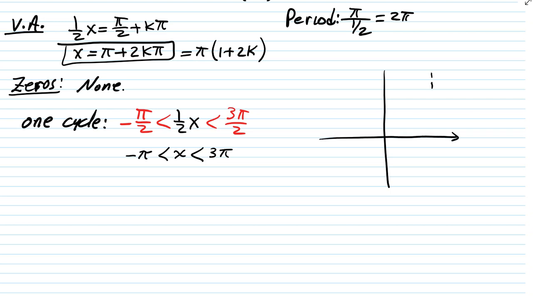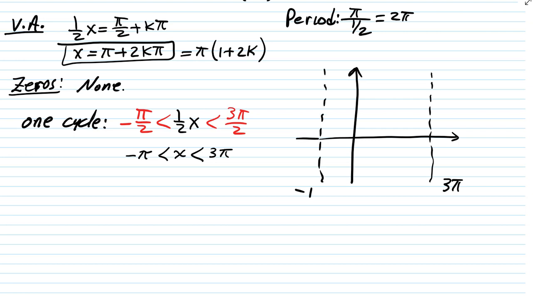Okay, and here it is. So this is 3 pi. And this one is, well, let me be a little more accurate here. Let's say this is negative pi. So 3 pi, I need to go a little further out.